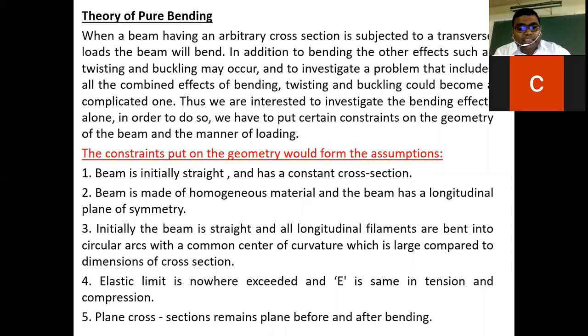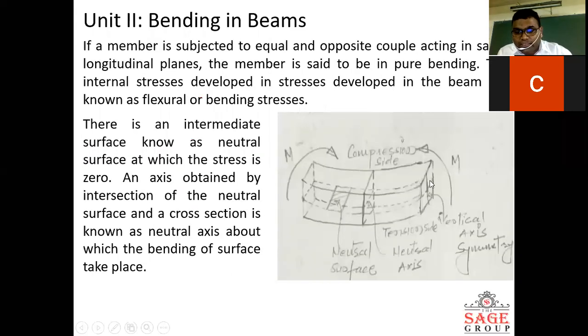The elastic limit is nowhere exceeded, and E is the same in tension and compression. It means the material is homogeneous. Okay, the plane cross section remains plane before and after bending. The cross section, what I have explained here, this is a cross section of the beam.